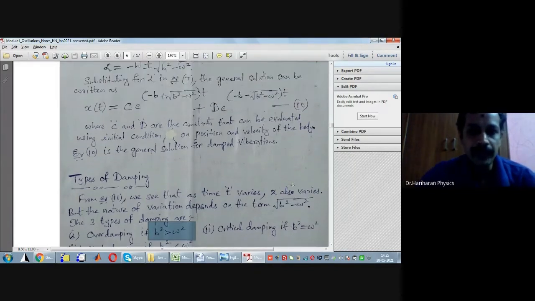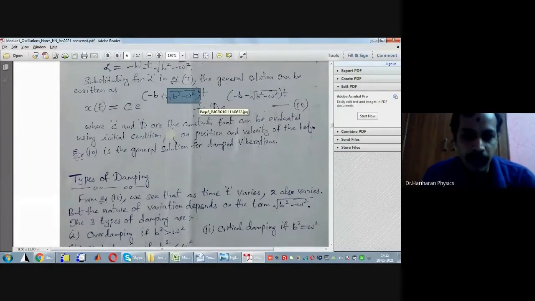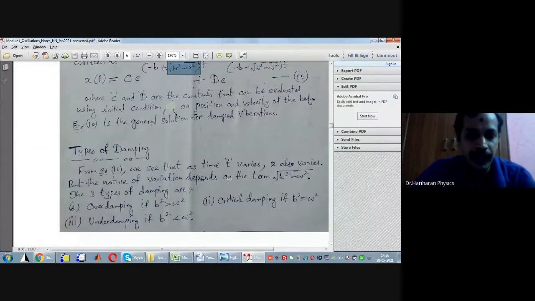That depends on how the quantity inside the square bracket behaves. In mathematics, in a quadratic equation, we call this the discriminant of an equation. So the three types of damping are over damping, critical damping, and under damping.